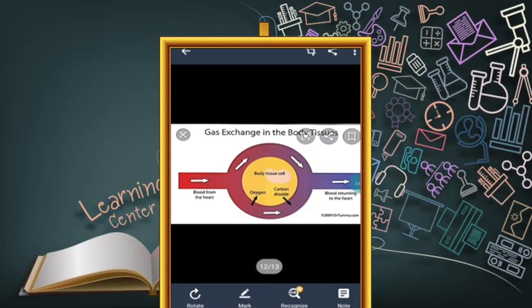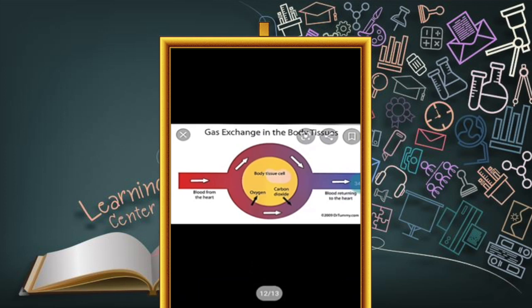What happens in smokers and people who take alcohol; is the gas exchange the same or different? Think like a doctor, a pulmonologist, who studies the lungs. Learn in that manner.